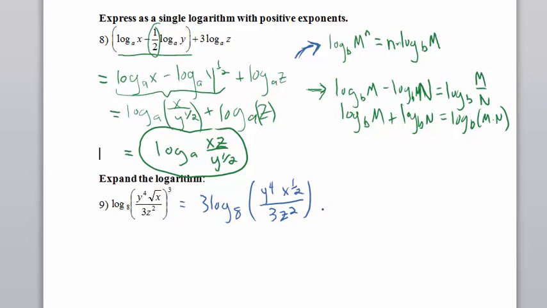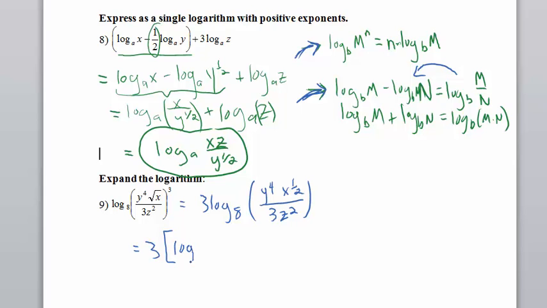Okay. All right. So the next thing I see is a quotient. So I want to use, of course, this property right here, only we're going to go backwards. We're given the quotient, and we're going to write a difference. So that's 3. Now I'm going to use some brackets here to organize my work.